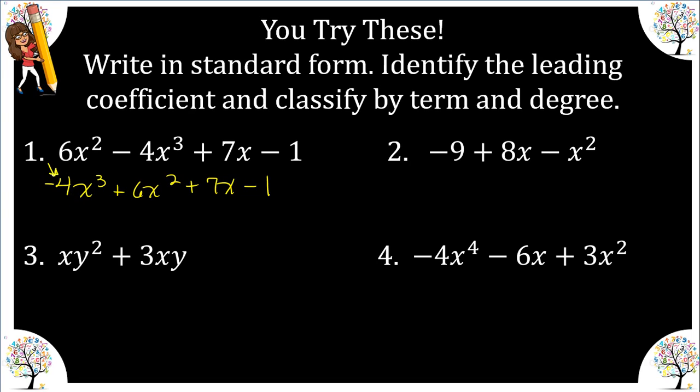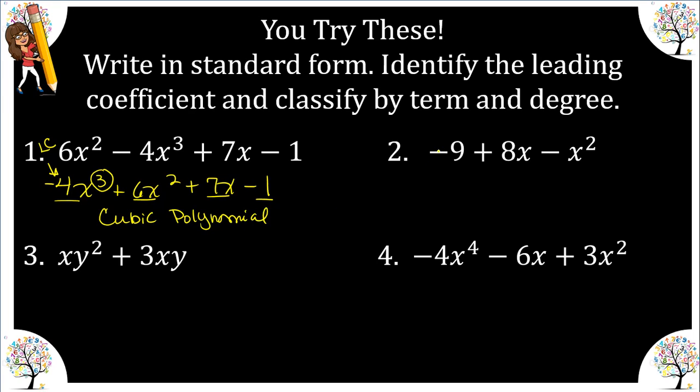The leading coefficient is -4. And now classify by term and degree. So how many terms do we have? We have 1, 2, 3, 4. So when you have more than 3 terms, we just call it a polynomial. And then my highest degree is a 3. So that is a cubic polynomial.